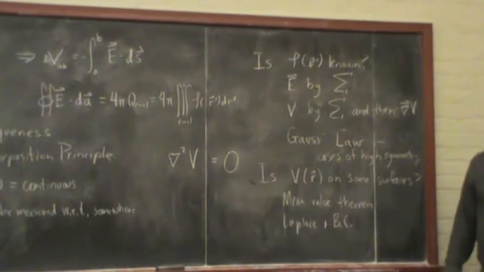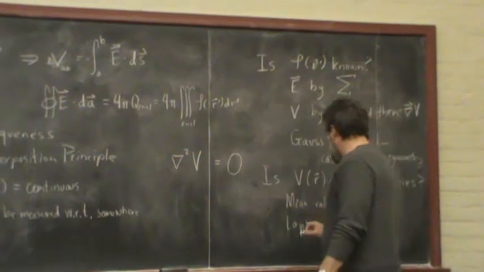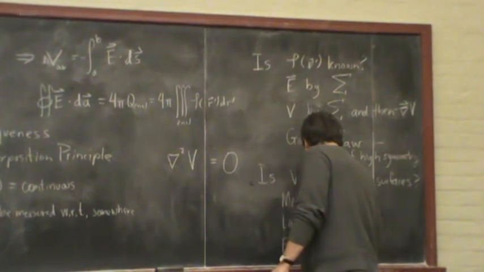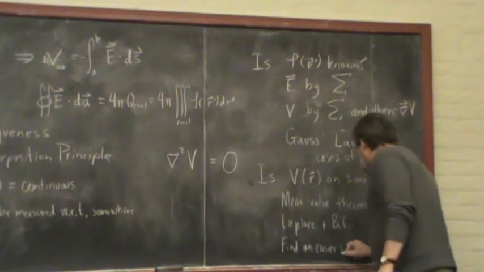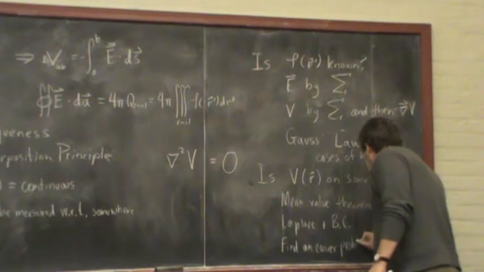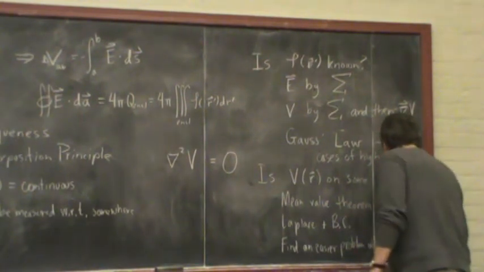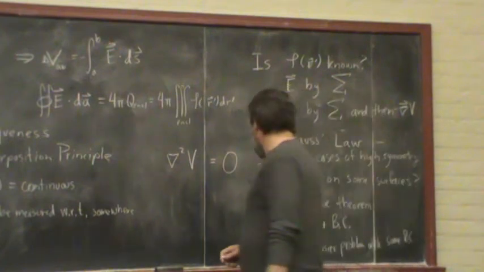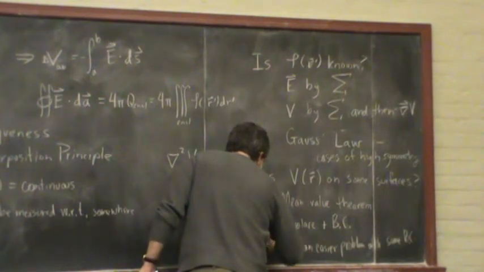Okay? And then finally, I think finally, is a trick. Find an easier problem with the same boundary conditions. And what we called this was the method of images.